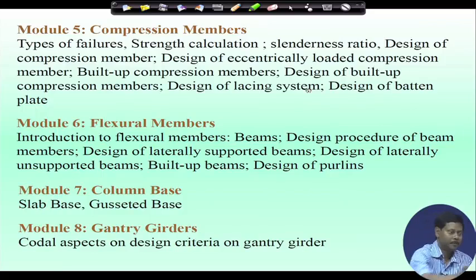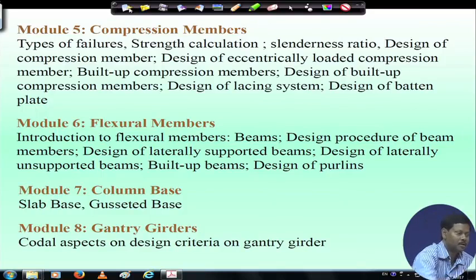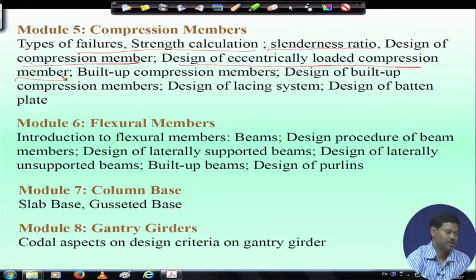In module 5 we will discuss the compression member. First we will see what types of failure occur in compression members, and accordingly discuss the strength calculation, then the slenderness ratio of the compression member and how to calculate it, then design of the compression member, and design of eccentrically loaded compression members. That means when moment also comes into picture, how to design the compression member will be discussed.